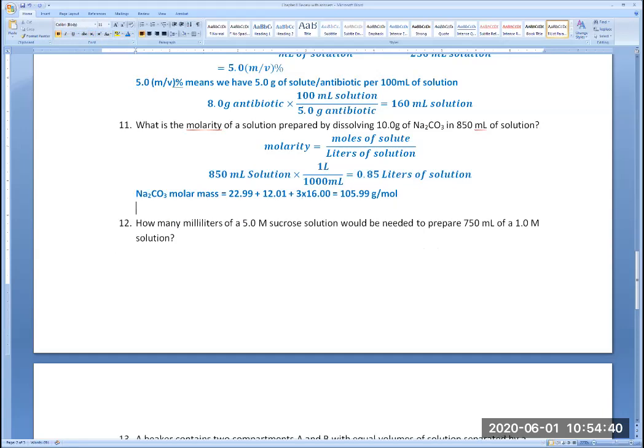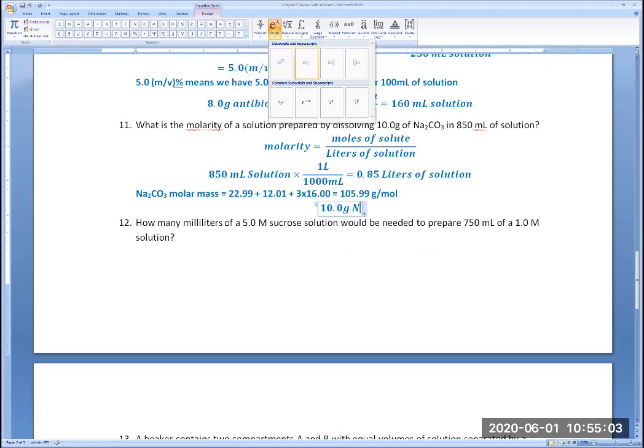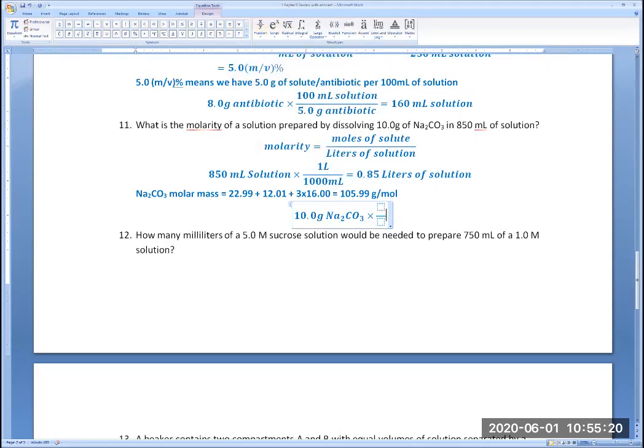So we have this, and we know that we can use this as a conversion factor to convert grams of Na2CO3 into moles of Na2CO3. So let's do that. Again, it's a conversion, and we start with 10.0 grams of Na2CO3, times the conversion factor that comes from the molar mass.